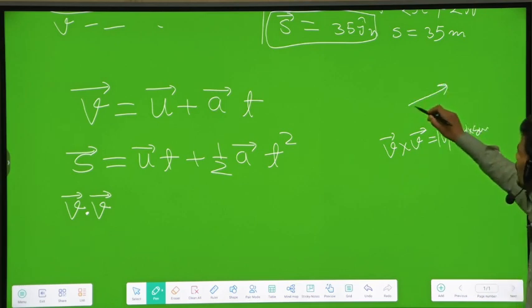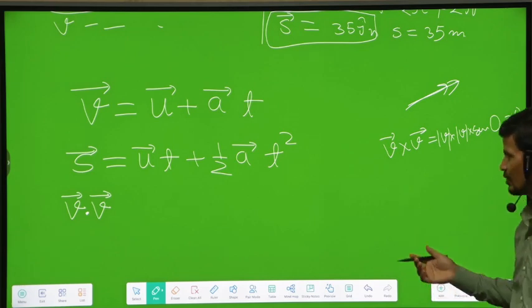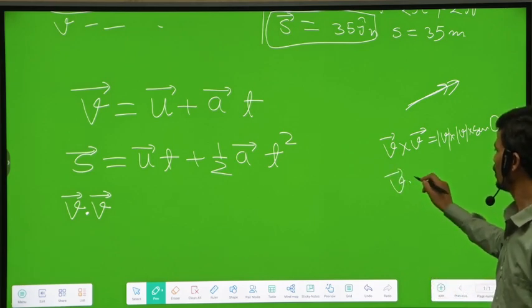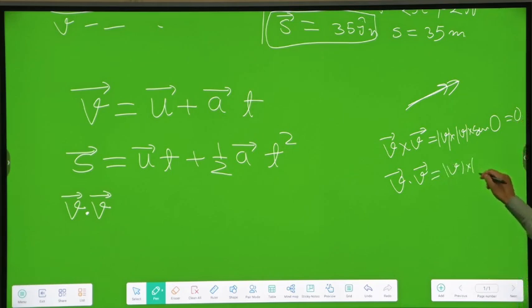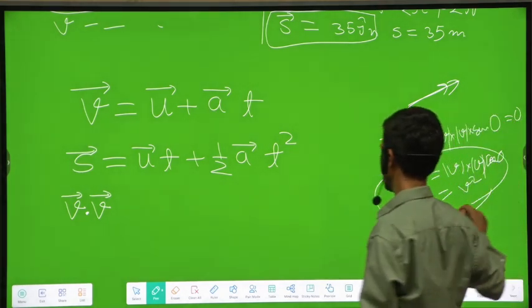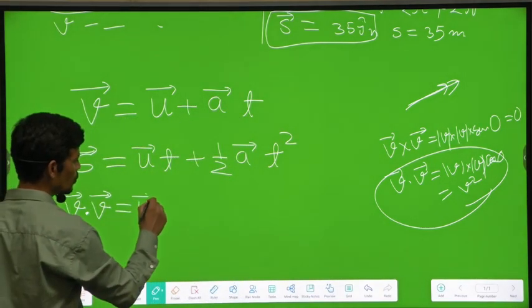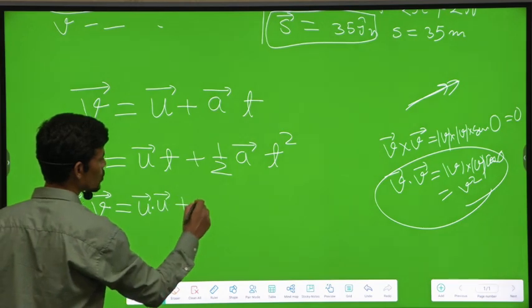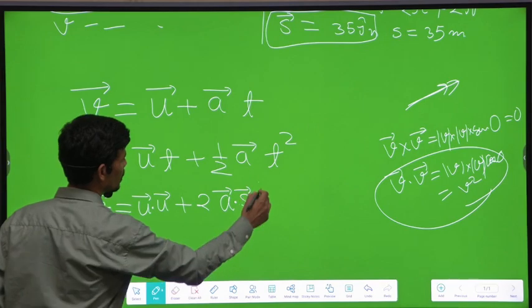So v will make zero angle with itself, and ultimately everything will be 0. That is why. And v dot v is meaningful: v multiplied by v multiplied by cos 0, which is 1, so it is v square. That is why we use v dot v equal to u dot u plus 2 a vector dot s vector.